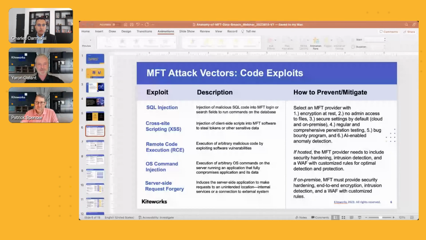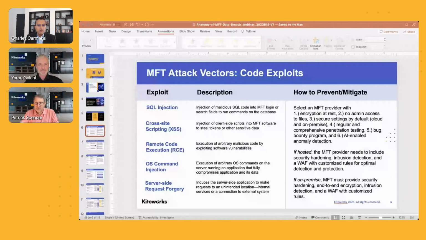As Charles said, this was a commercial organization, but it was absolutely using TTPs, techniques and tactics, very characteristic of a professional organization.